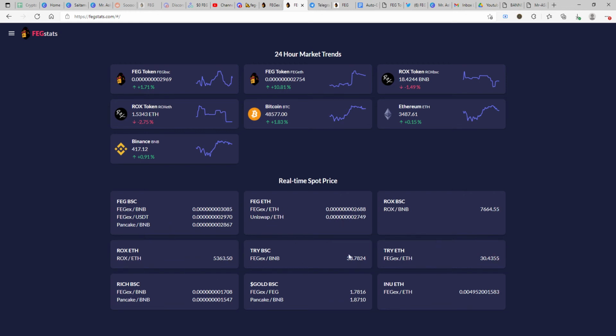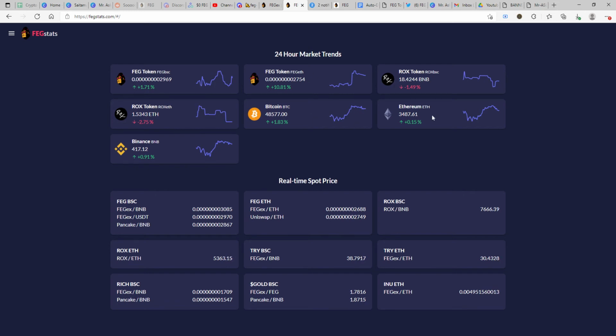Currently they have support for this many tokens, and as and when more and more tokens get listed on the FEG exchange, not FEG Rocks, FEG exchange, then we will be having more ease of use in terms of getting this real-time spot price as well, because now the exchange price would ideally be directly linked, is what I presume. So taking that into account, yes, this is a very good chart or a very good informative detail that we can definitely have. Coming down, you can click on any one of the tokens related to FEG alone.